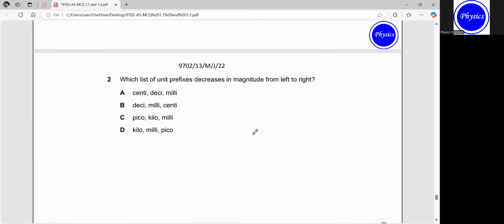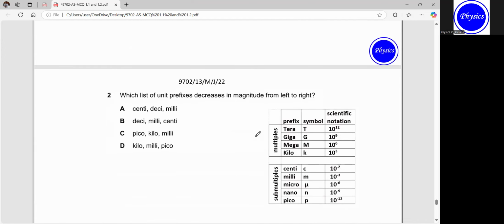Okay, the next one. Which list of unit prefixes decreases in magnitude from left to right? So you must start from the highest. Centi, deci, no. Deci, milli, centi, no. Shall we have the table?